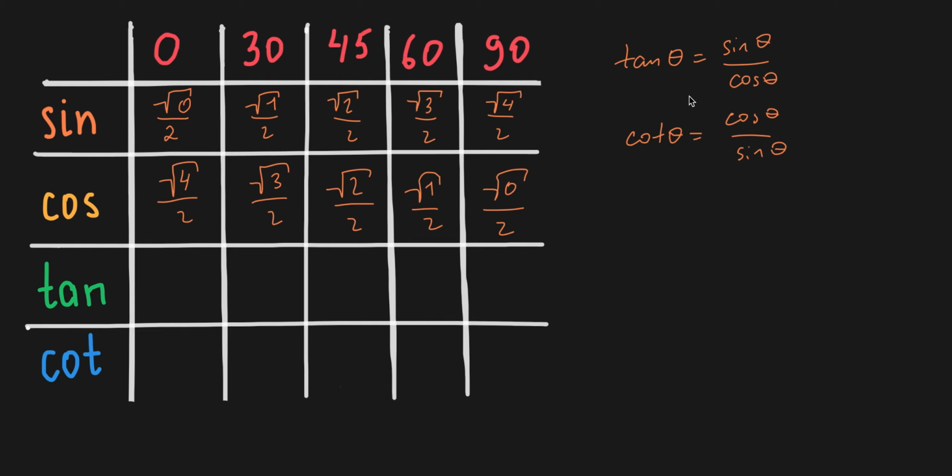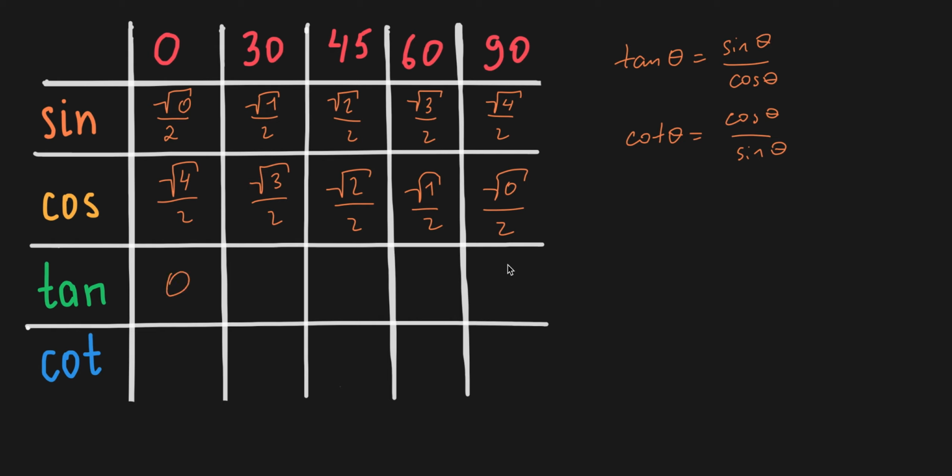And so the easiest angles for tangent and cotangent are 0, 45, and 90, because you know that tangent 0 is sine 0 over cosine 0, and you know that sine 0 is 0, so 0 over any number is 0, so tangent 0 is going to be 0.